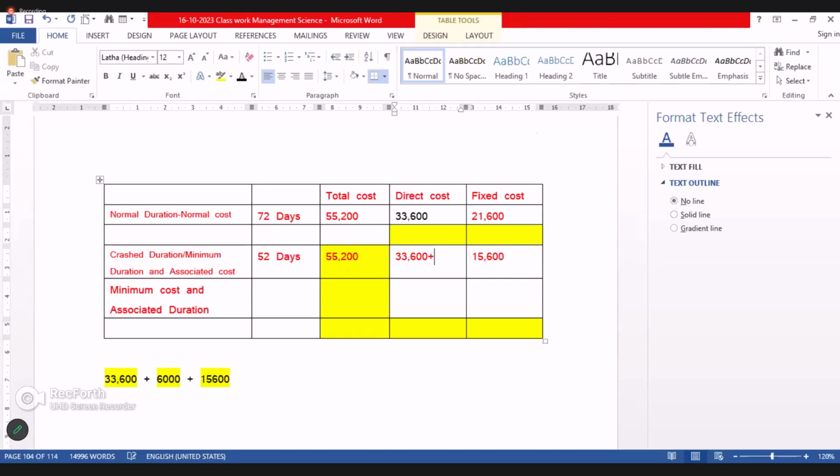Difference. This is the crashing. 6,000 is the increase. So that's why it has become 33,600, 3,600 plus 6,000 plus 3,600.